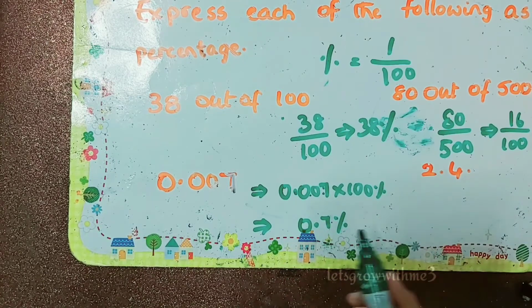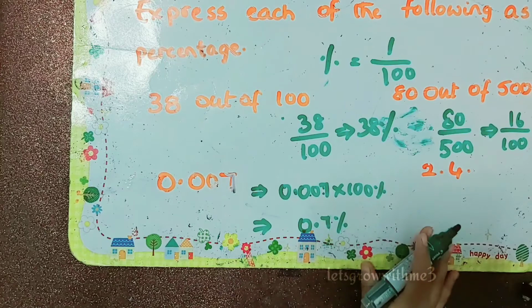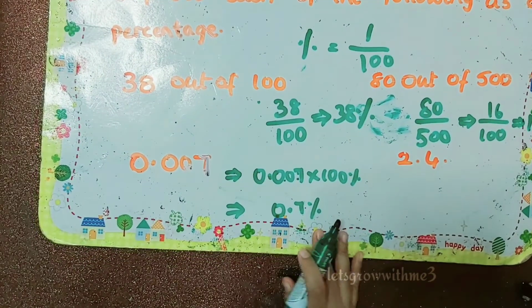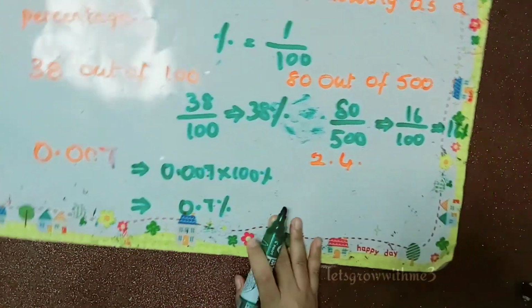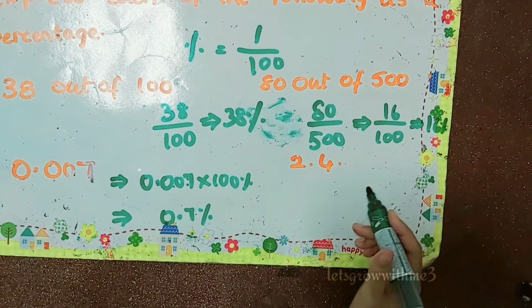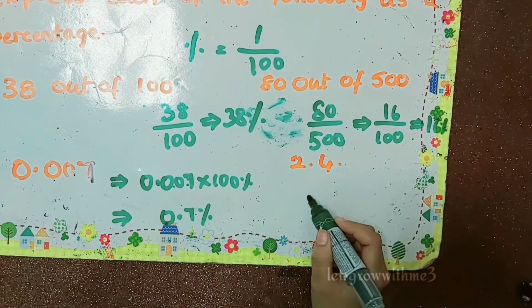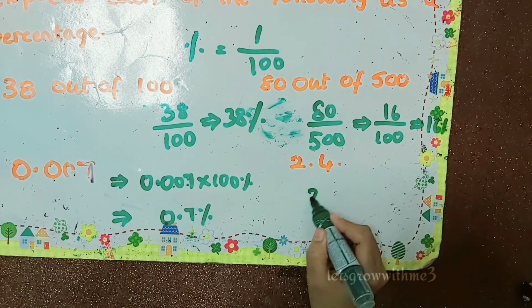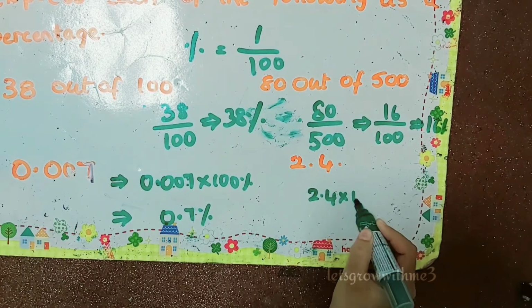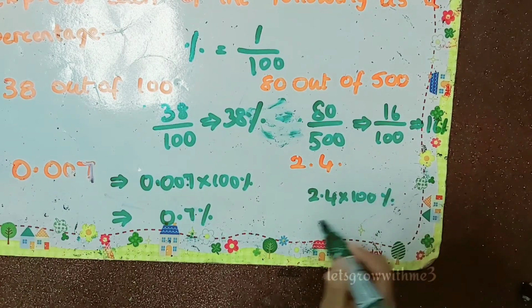Next, if it is a division, the decimal point will shift to the left. If it is a multiplication, it will shift to the right. Next, 2.4 times 100%.